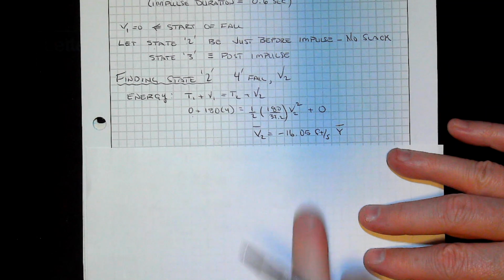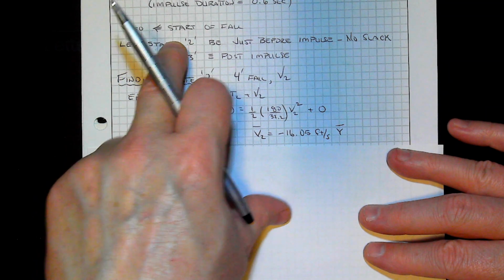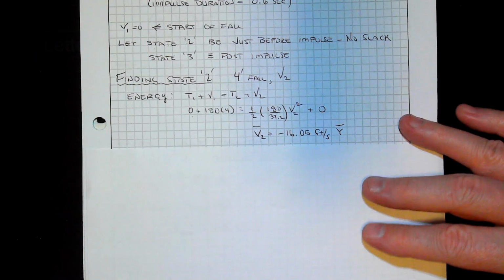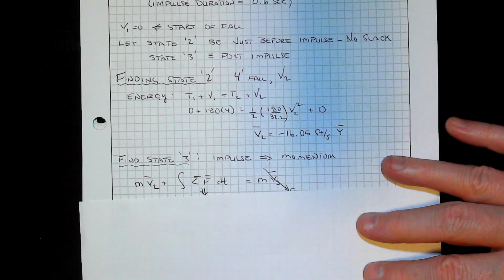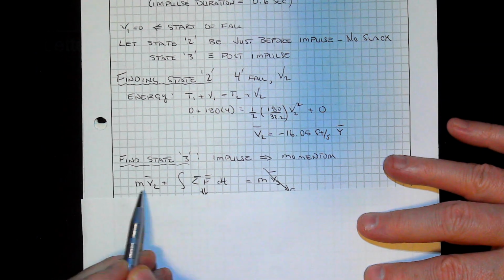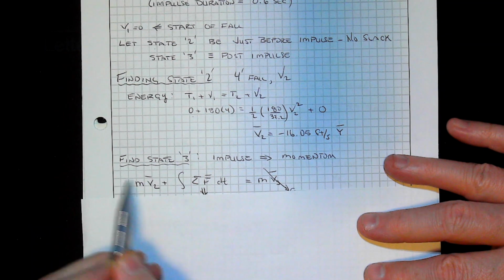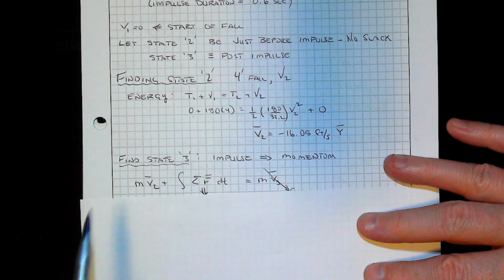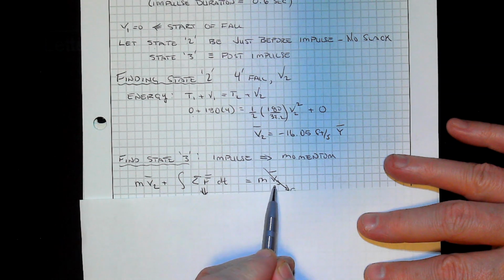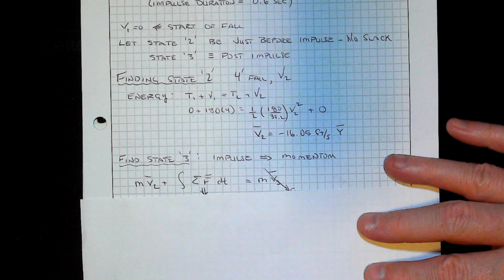All right, now that we have that, we can go momentum from 2 to 3. So here's our momentum equation. We know this. Here's our initial momentum, so we'll substitute that in. We know that after the impulse, velocity is 0, so we know what that is.